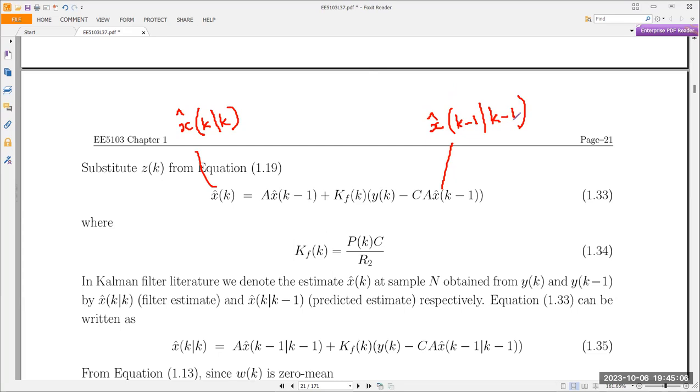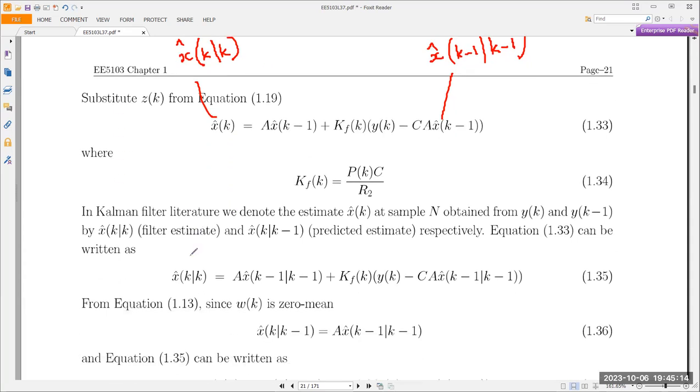You will see later on why I say that. So, which means if you use Kalman filter notation, this equation now will be written like that. This will now be written like that. This will now be written like that. And this will now be written like that.